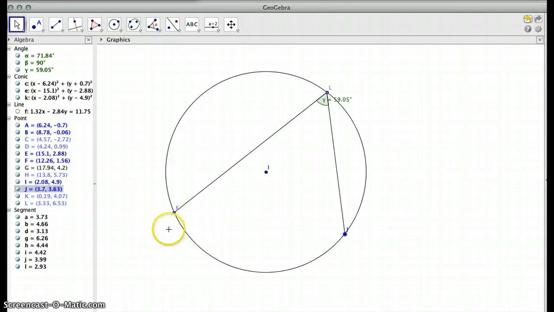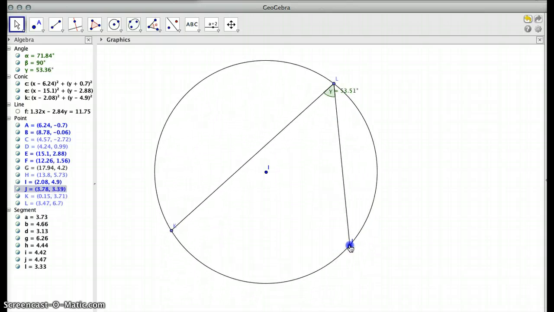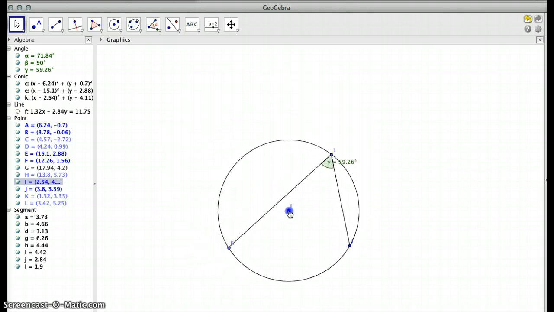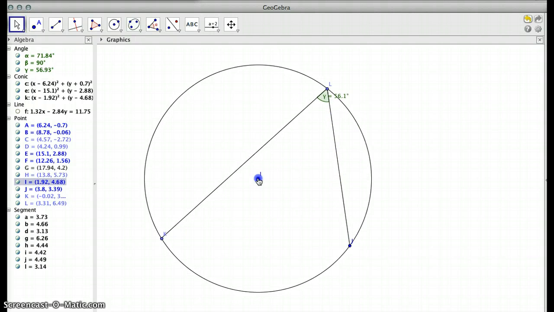So when I'm changing this, you can see that the angle's changing. And when I change J, the angle changes. And if I change the center of the circle, it changes. So let's leave it there.